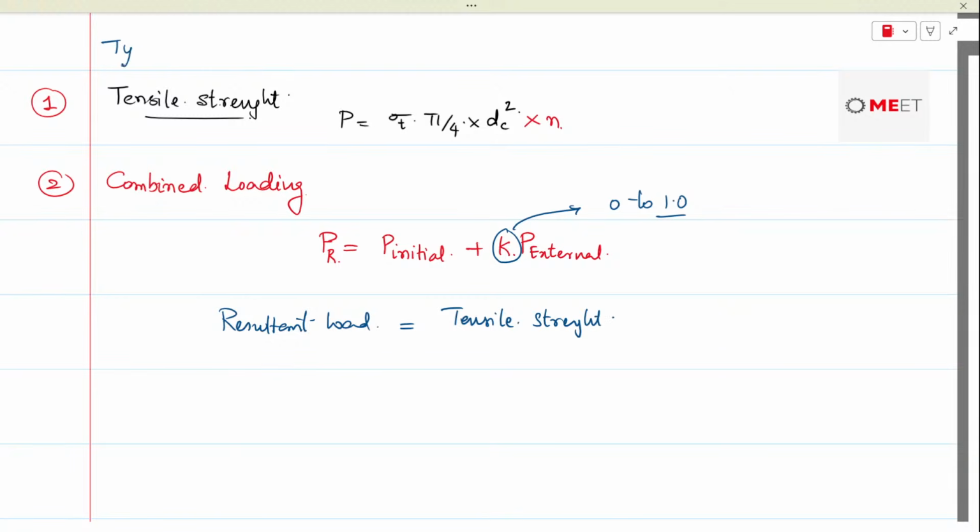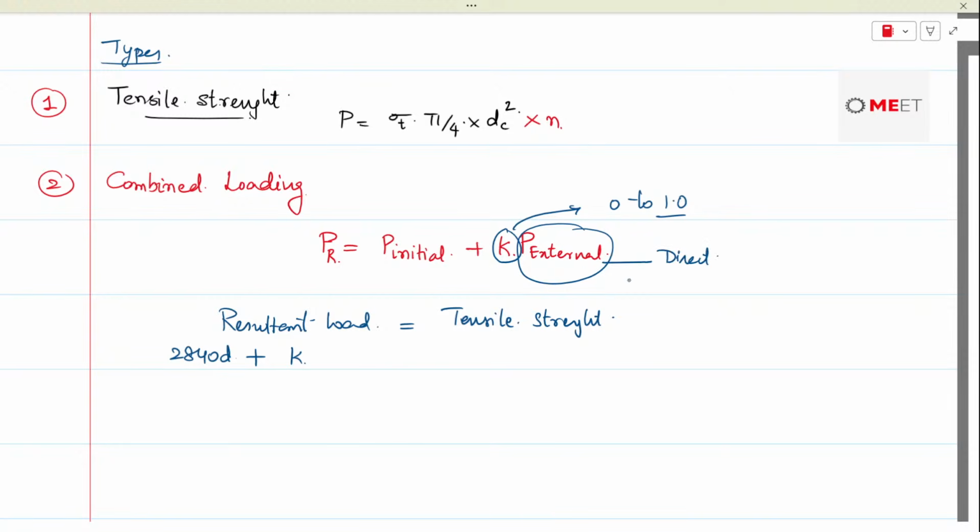So there are two types of problems: one involving only the tensile strength, or combined loading. P initial is 2840 times D plus K into external load.